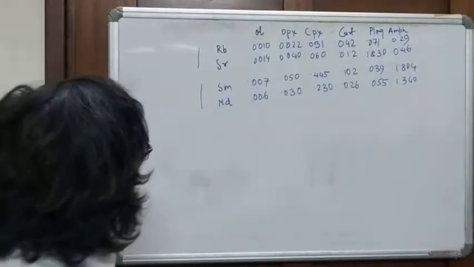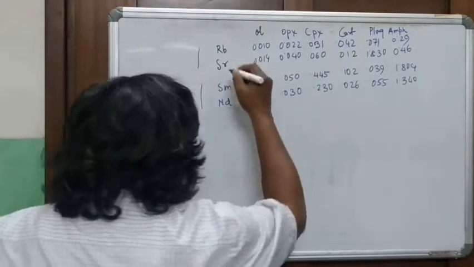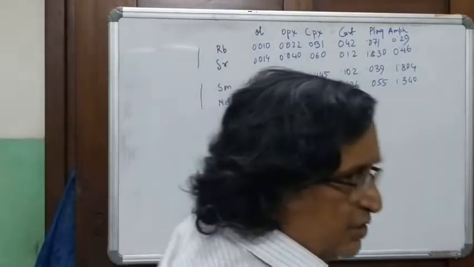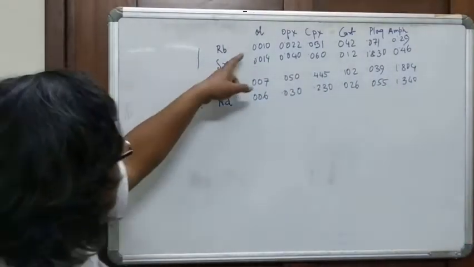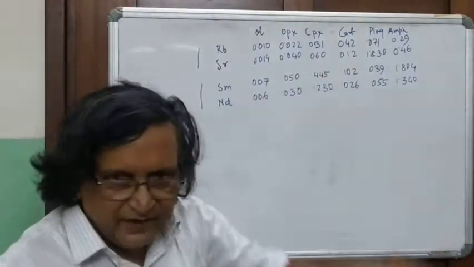Now, you can see that if you take rubidium, this is the crystal-melt partition coefficient of rubidium between olivine and melt. This we have done before.